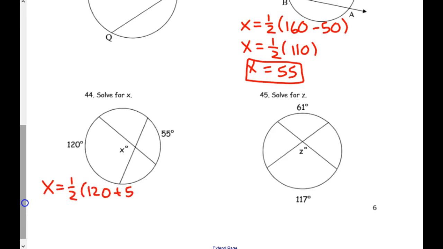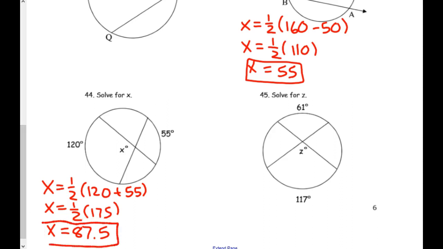This is on your formula chart. 87.5, I believe. Same thing here. Inside angle equals 1/2 arc plus arc.